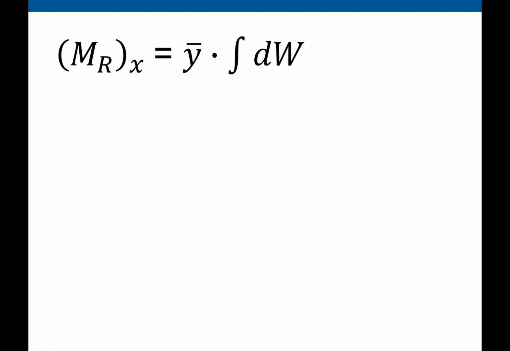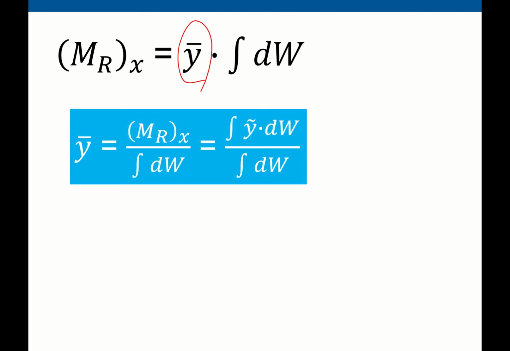Again, the resultant moment about the x-axis is equal to y bar, the y location of the center of gravity, times integral dw, which is the total weight of the sand. So we can express it this way: y bar is equal to the resultant moment about the x-axis divided by the integral of the differential weight.